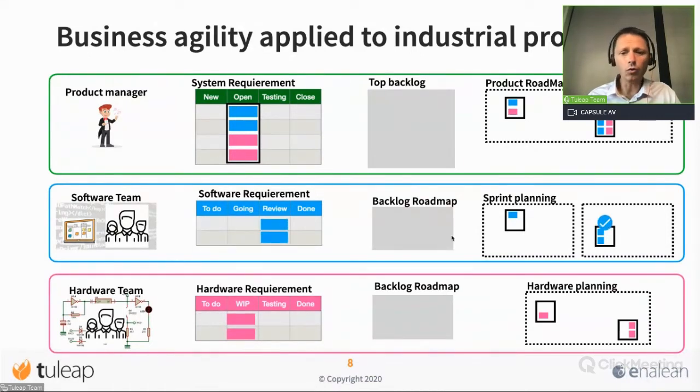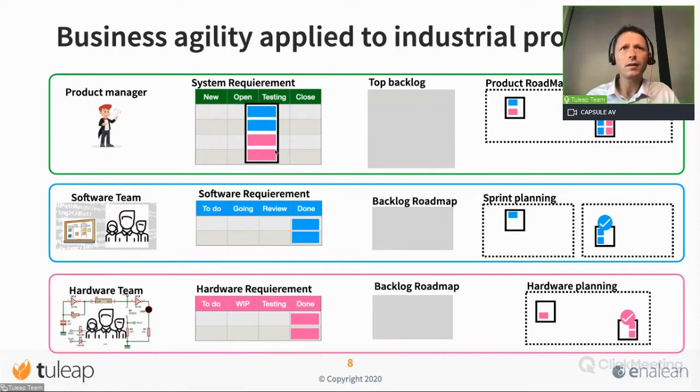They have their own workflow for each requirement. There is the review for the software requirement. You can see here they check that their requirement is okay. In the same way, the hardware requirement is tested, and the team checks it to be sure that everything is okay. And they say, okay, my requirement is done, the software requirement is done too, so my system requirement can be tested now.